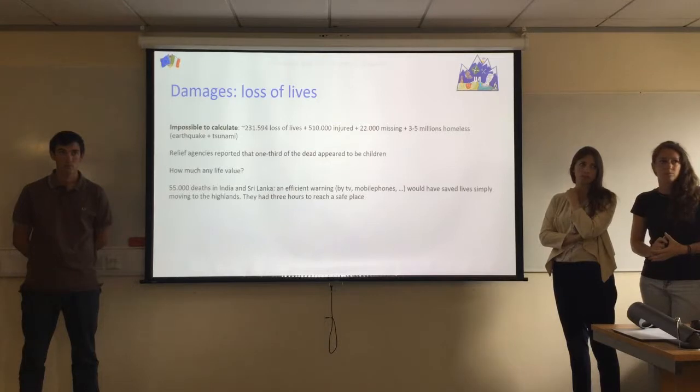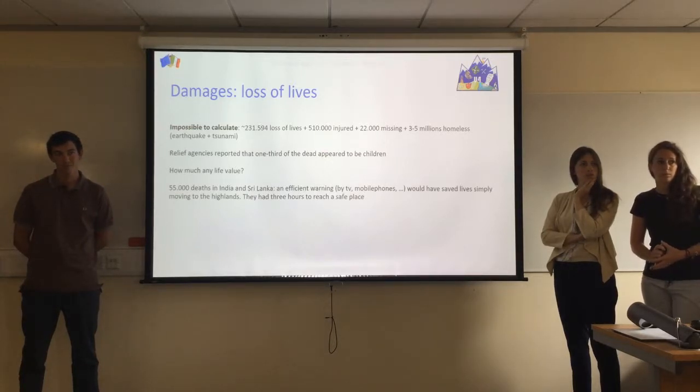Do you know what the percentage of children is in the Indonesian population? I have it here, it's about 30%. So that means as many children were killed proportionally as other people, which I think shows the danger of using data without checking other things.